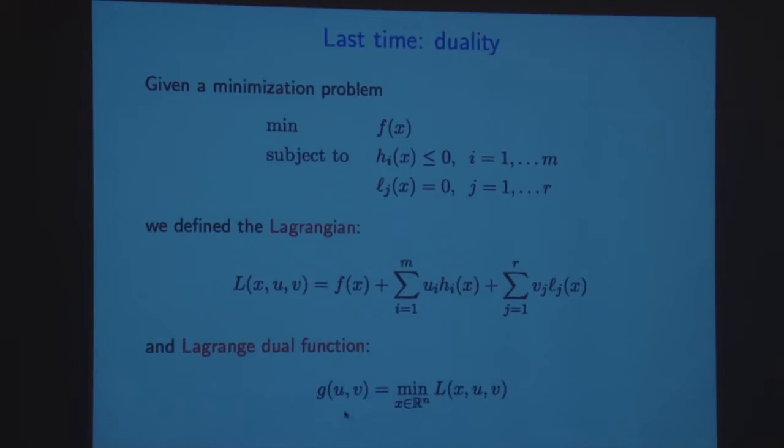So that means that, in particular, g(u,v) lower bounds the primal optimal criterion value, f star. Because it's smaller than or equal to f of x for all feasible x, it's going to be smaller than or equal to f star. And when we maximize over all u and v, we still get the same relationship.